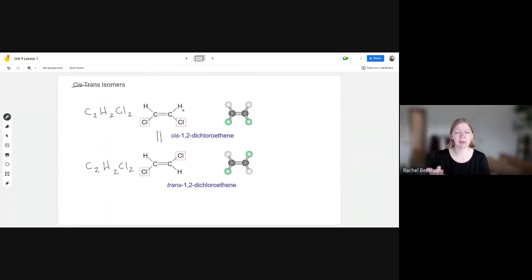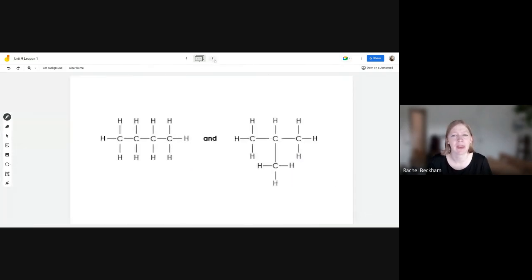Here the chlorines are on the same side, and cis kind of means like the same. These chlorines are on opposite sides, and so it's called trans. So with cis-trans, you can remember like same versus opposite. It's a quick way to remember it. And so that's another type of isomer, whenever something's kind of flip-flopped in that compound.